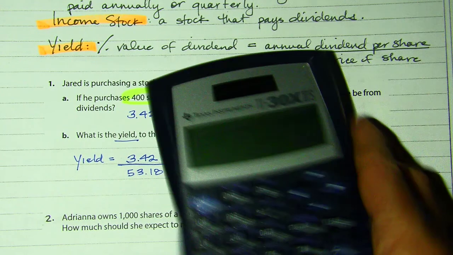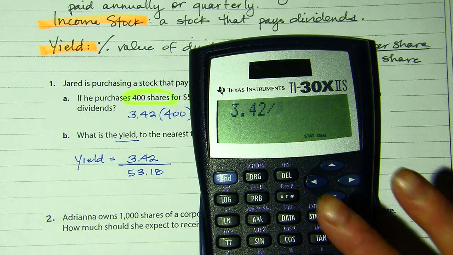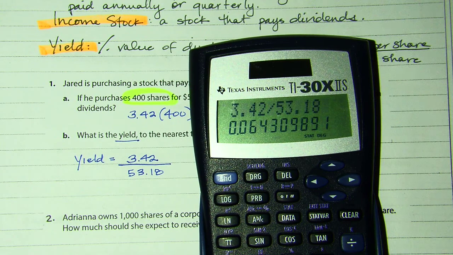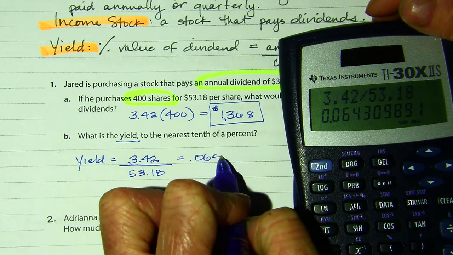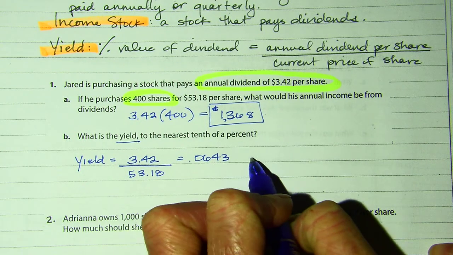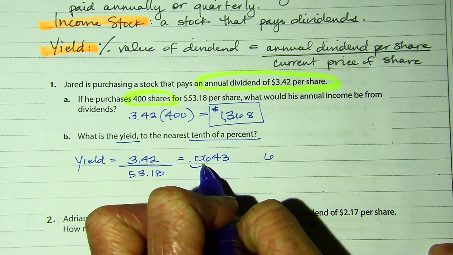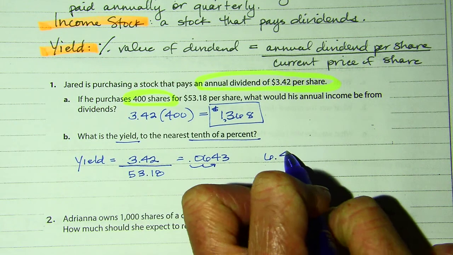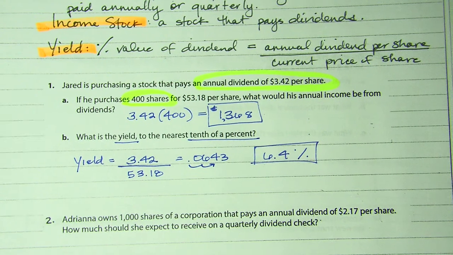So I'm going to enter this in my calculator: 3.42 divided by 53.18, and I get 0.064, whatever, and you can keep going. But they said to round to the nearest tenth of a percent, so you'd move your decimal 2 places, so 6.4%. And that is it.